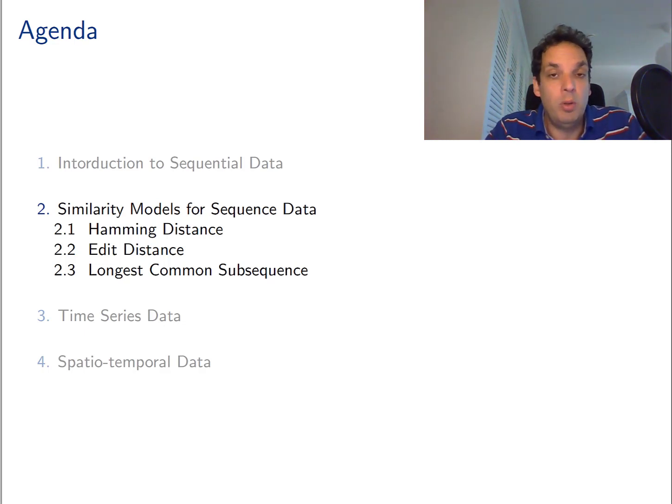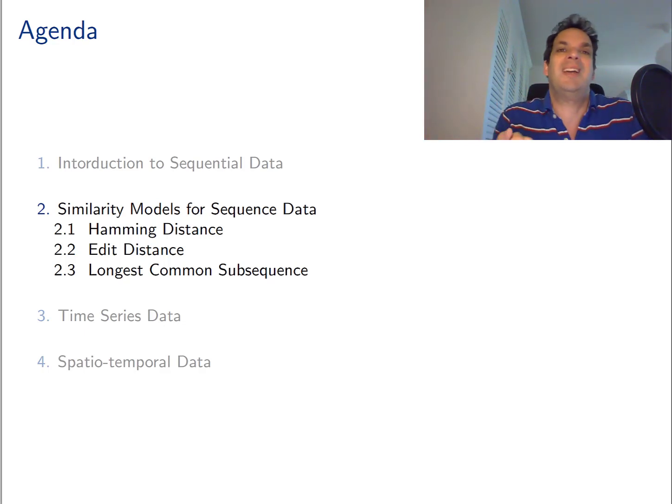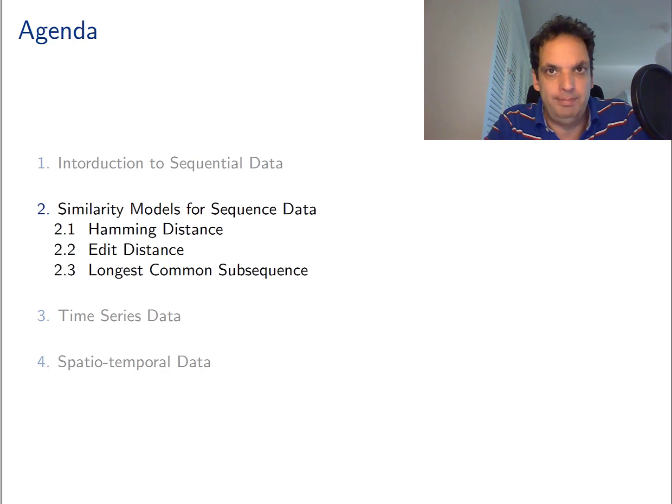If not, then of course you have to consider other variants of similarity measures or distance measures other than those that we are talking about here. And there are many, many more. This is just the tip of the iceberg, so to say, but this should give you an idea of how to deal with the sequential nature of the data.